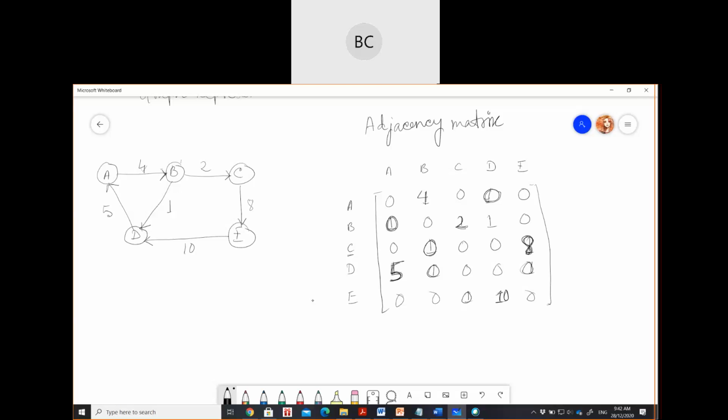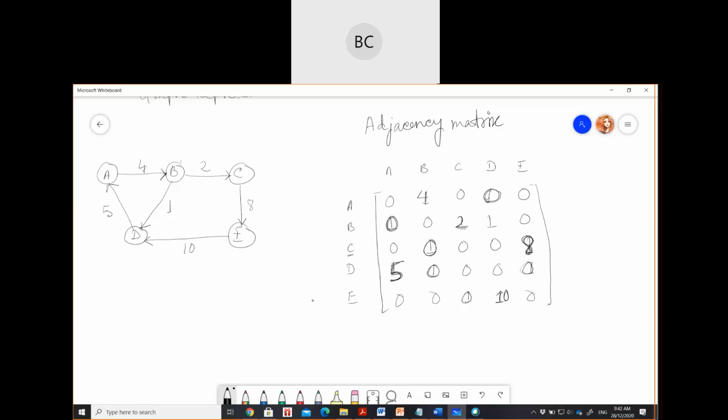Is it clear now? We have seen we can represent a graph using an adjacency matrix, and I have shown you all three variants. What happens if it's an undirected graph? What happens if it is a directed graph? And what happens when it is a weighted directed graph? Is it clear? All three types for adjacency matrix.